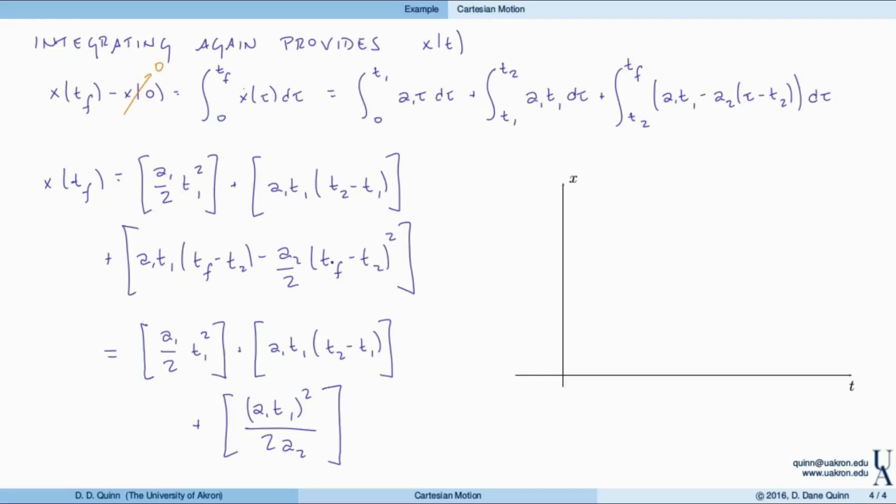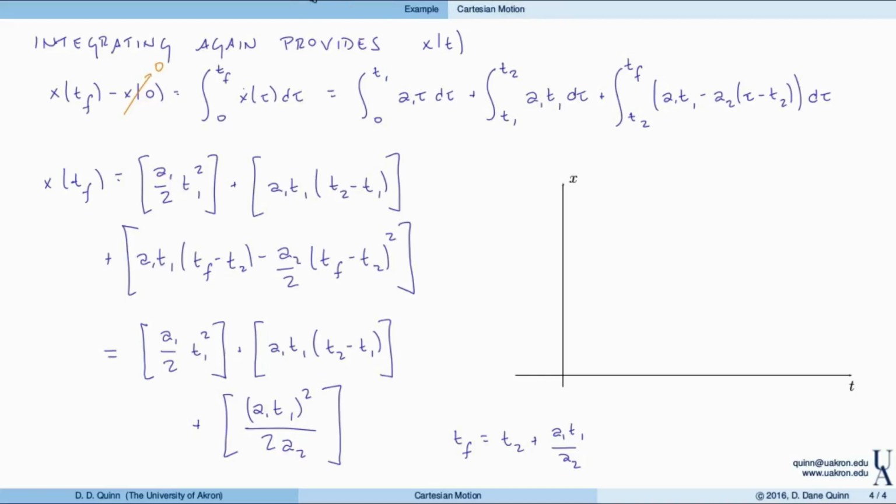Making use of the solution for t final, which we found earlier, recall that t final was t2 plus a1 t1 divided by a2. So I'll take this, put it into this expression, and it reduces to this.